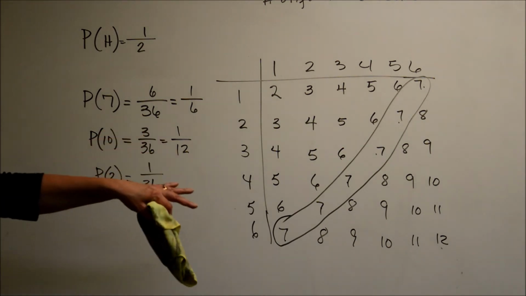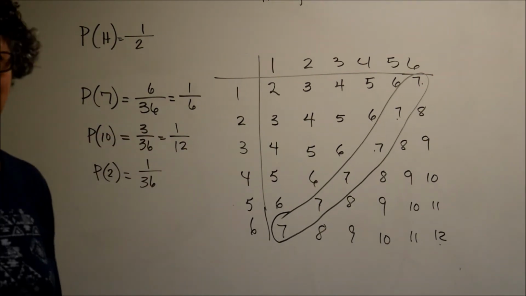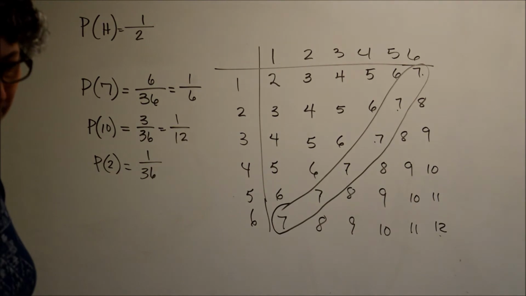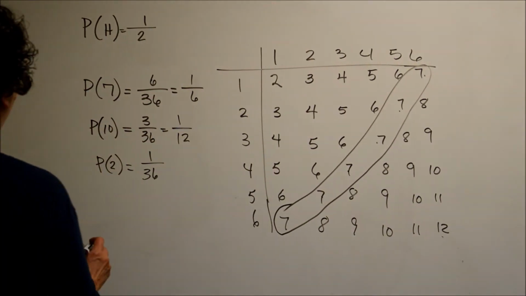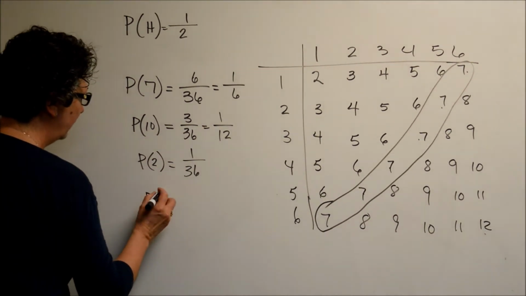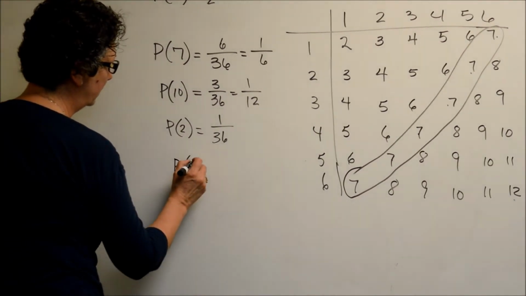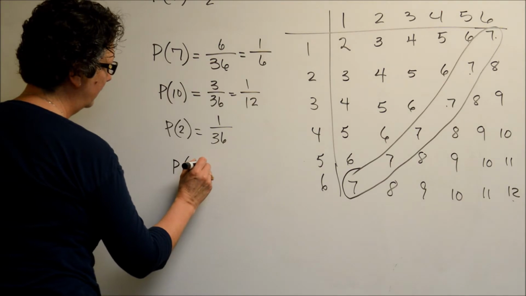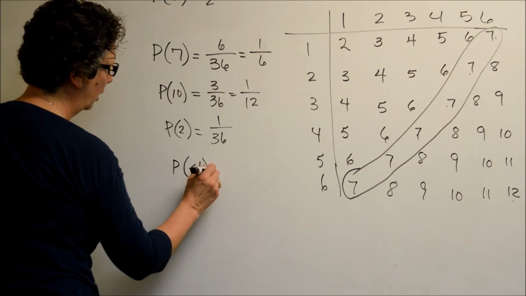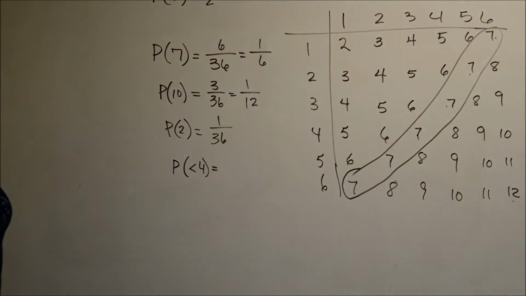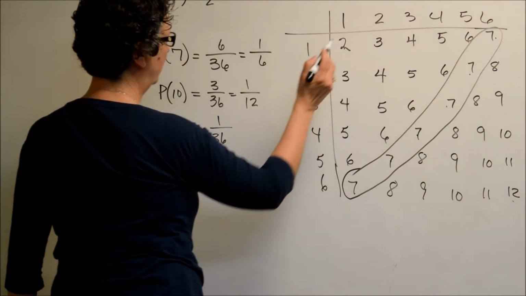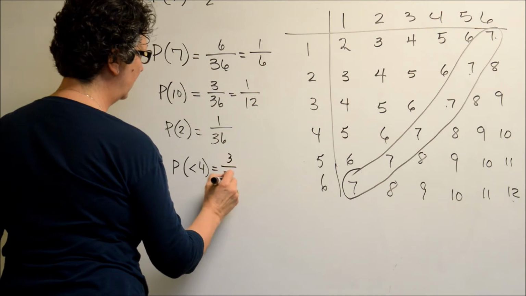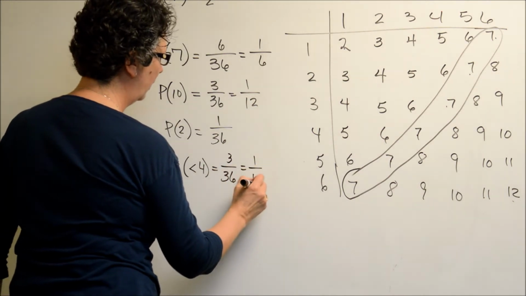The 2 and the 12 are the least likely to happen. The probability that you would roll something less than 4? Well, that would be 1, 2, and 3. 3 out of 36. 1 out of 12.